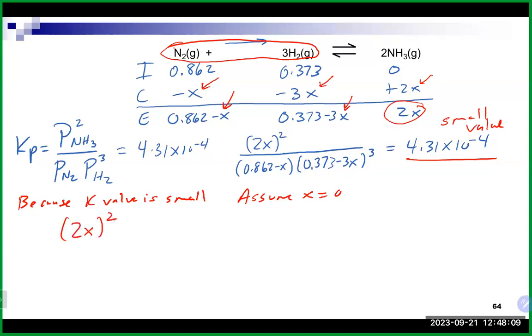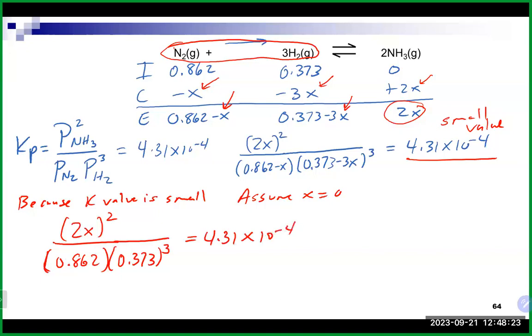We'll have 2x squared divided by 0.862 times 0.373 cubed is equal to 4.31 times 10 to the minus 4. That to me looks a lot easier to solve than the previous one, and I'm going to roll with this one. So I'm going to clean up the bottom and then multiply it to the other side.